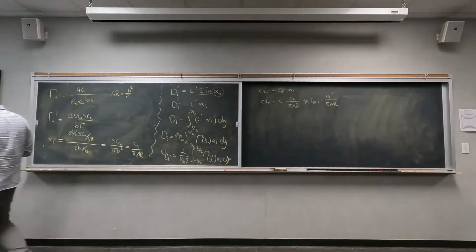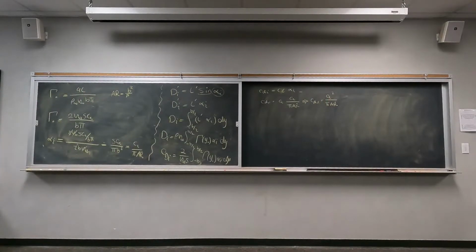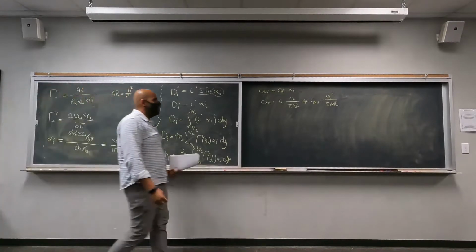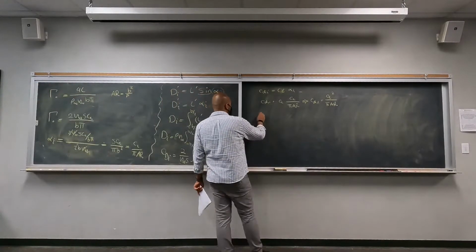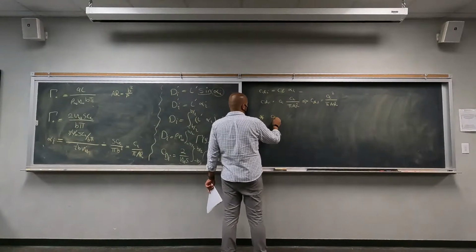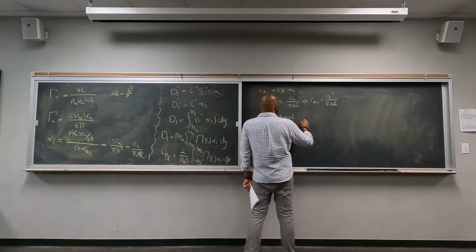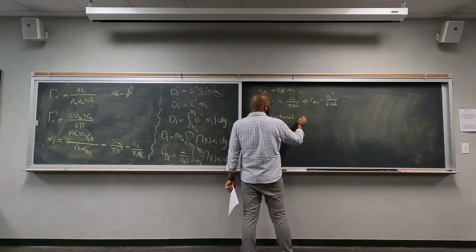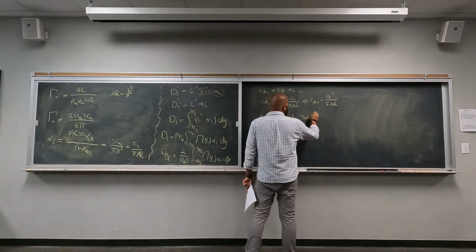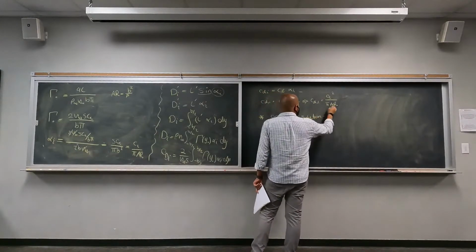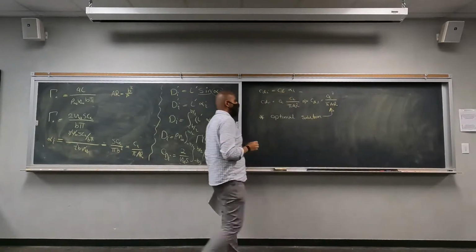Okay, but as I said, we can actually show that the most optimal solution you want to get is the elliptical solution, the elliptical lift distribution. This is the most optimal solution you're going to get.